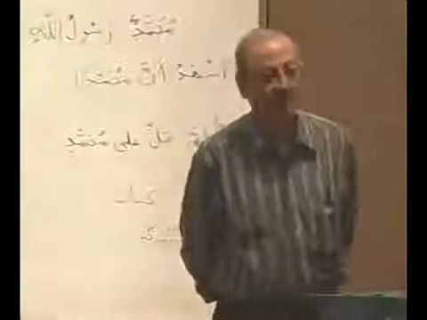Khabar means news. But as I said, brother, in English, we have subject and predicate. But in Arabic, we have mubtada and khabar. Are you with me, brother? Subject means mubtada, predicate means khabar.